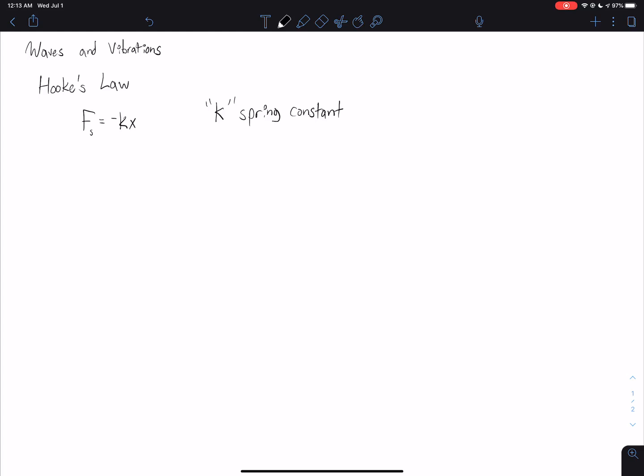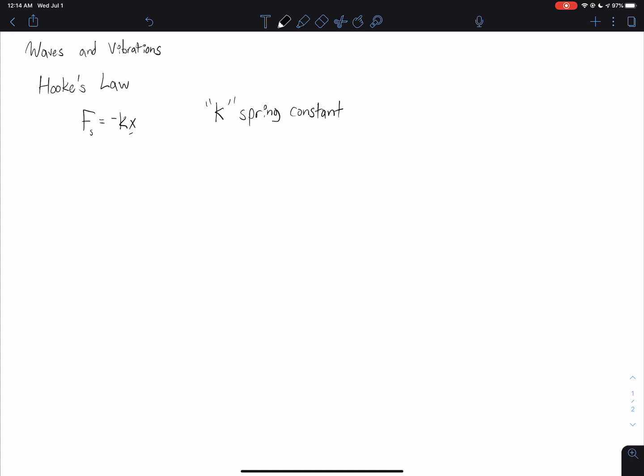But if you have a spring made out of plastic, let's say, it's not going to be stiff at all, so it's going to have a very low K value. Okay. Now, the X value is going to be the distance that the spring is displaced from equilibrium.